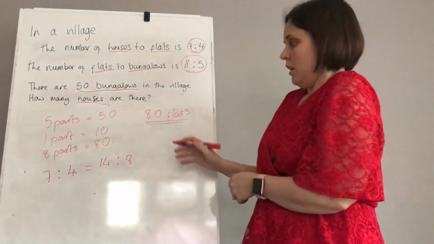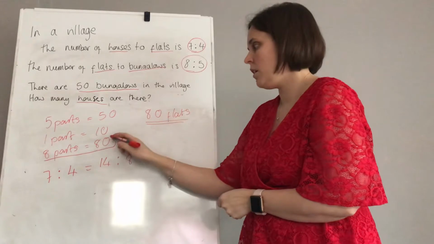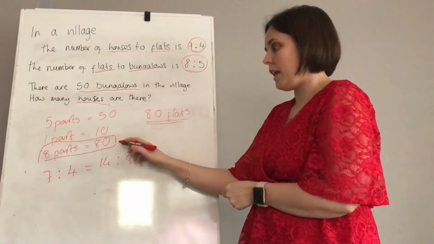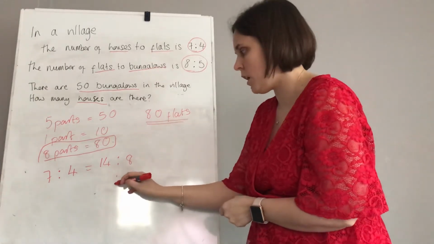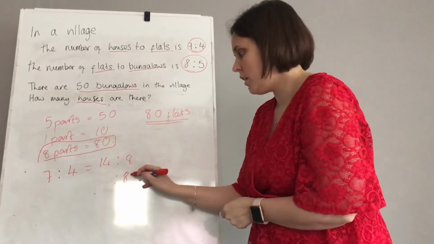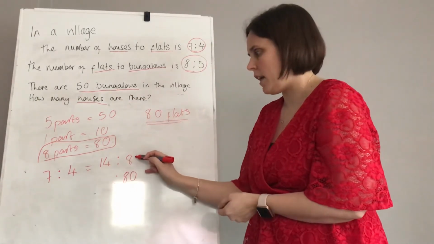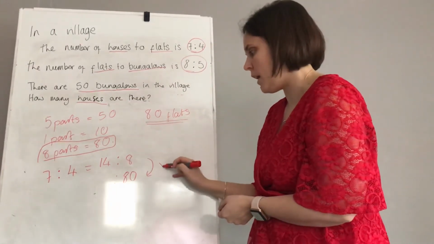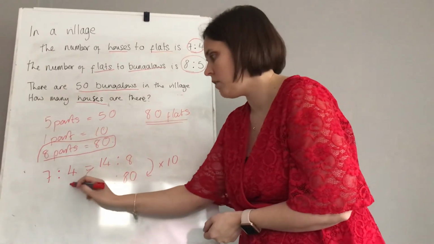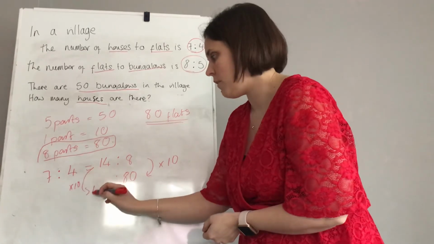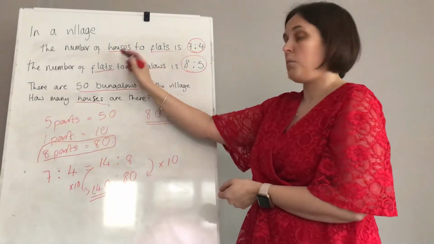Now we know that the 8 parts for the number of flats related to 80. It's going to be the same here, so we know that an equivalent ratio gives us that that is 80, and I think it's quite easy to then see all we're doing is multiplying by 10, which we can do here as well, which would give us 140, and that part there is the number of houses.